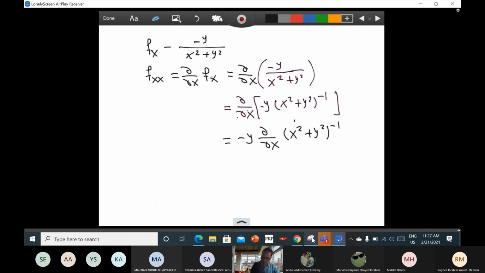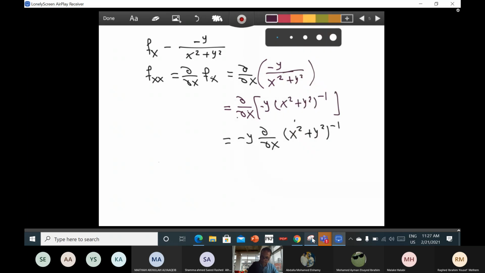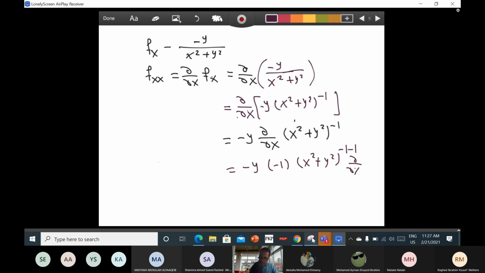Now let's start to differentiate with respect to x. So minus y. How to differentiate the bracket to the power? I get the power down and then subtracting 1 from the power, and then don't forget to differentiate what is inside this one, x squared plus y squared.